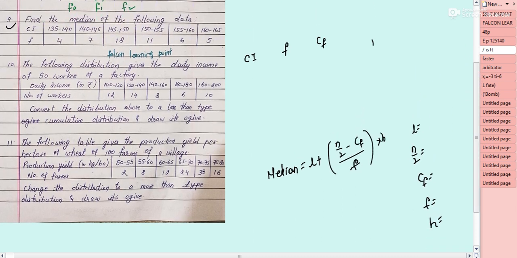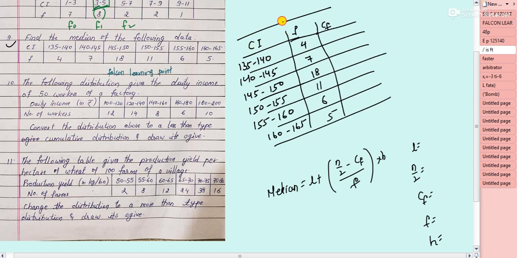Okay, so let me write the table first. First is class interval. It is 135 to 140. I have written CI and F. This will be given in the question itself. Now you need to find CF. How are you going to get CF? Just write the first one as it is, 4.